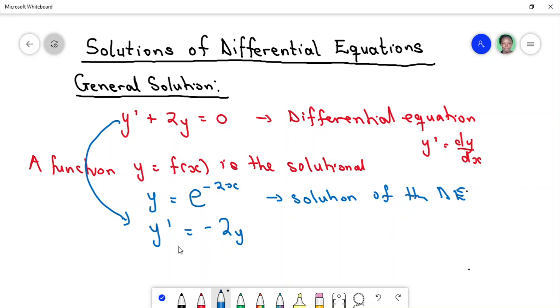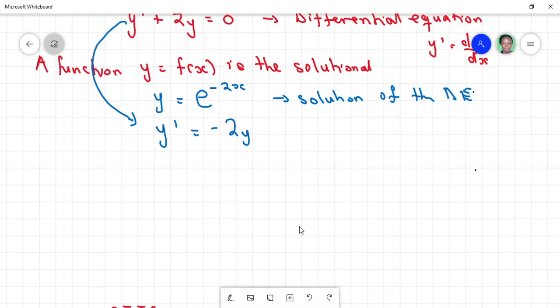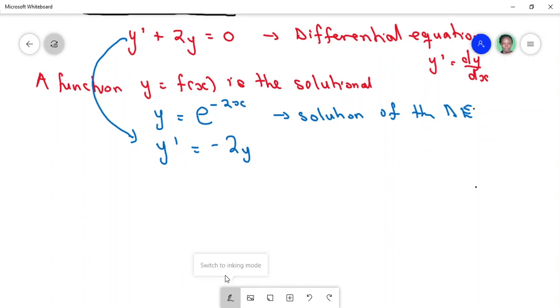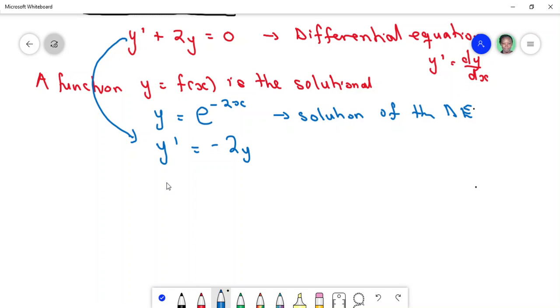Let's substitute and see. If I substitute, you realize that y prime is going to be equal to minus 2e raised to the power minus 2x in the original equation.